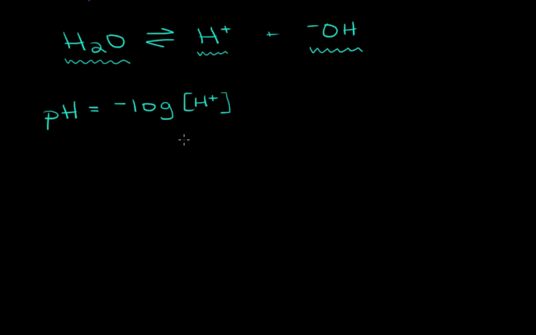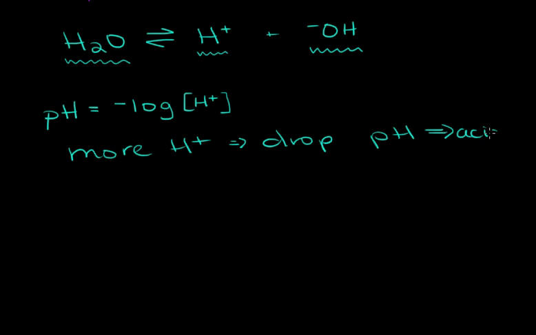So more H plus will drop the pH and make solutions acidic. Similarly, if we have more OH minus, it's going to increase the pH and make it more basic.